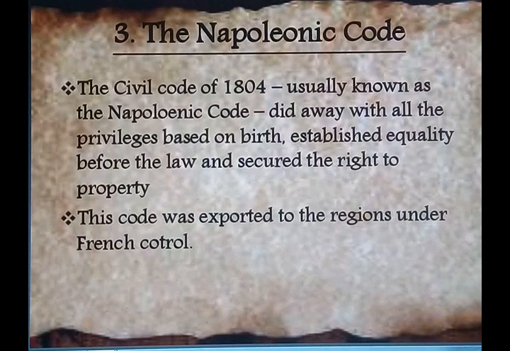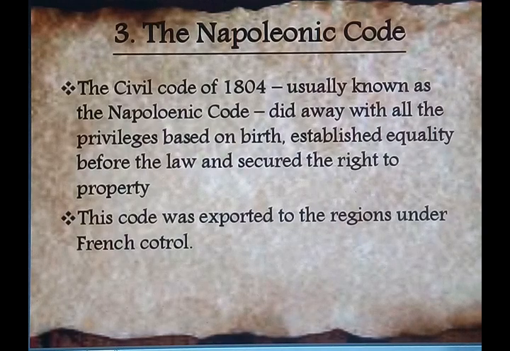So let us try to understand what the Napoleonic Codes were, or what reformation or changes Napoleon brought about not only in France but in all those territories of Europe where he went and won those territories and brought under his control.